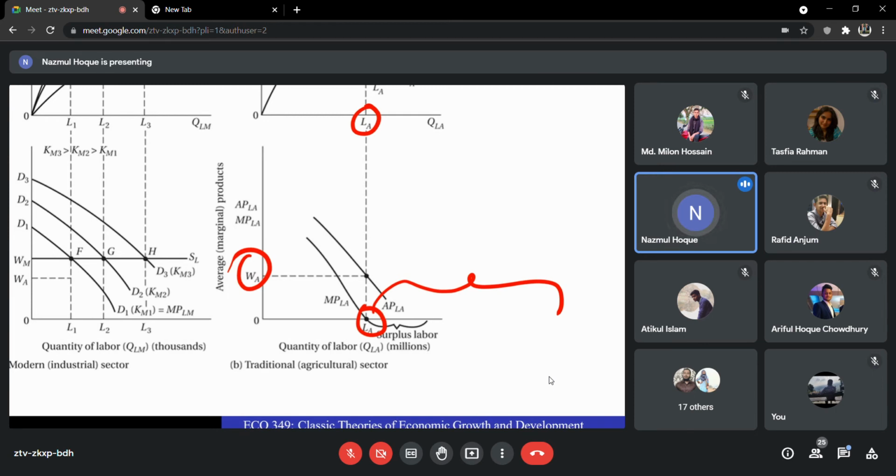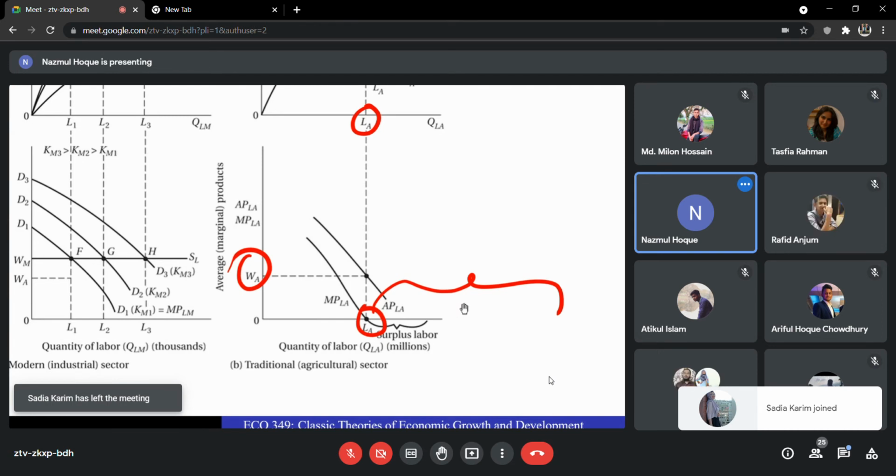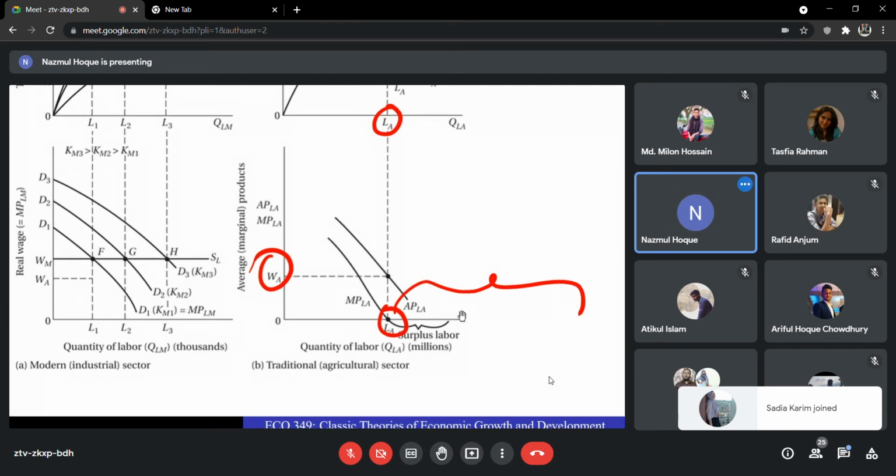So as you can see, marked on the right side here, this is your surplus labor. Since marginal product of labor is 0, we have surplus labor on the right of LA.